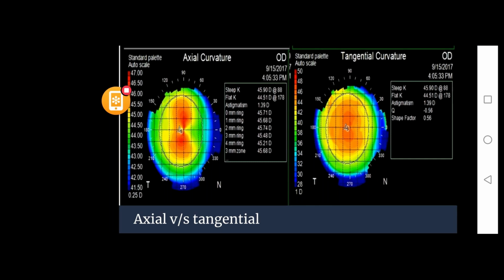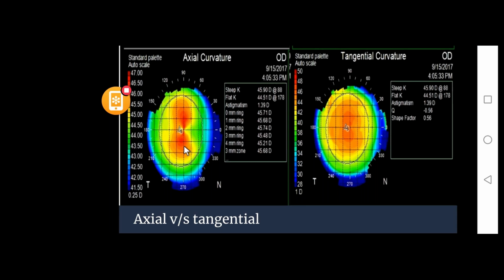So basically, axial curvature map is something like a school teacher. Okay, it does not take into consideration that there could be some local discrepancies. What I mean by that is, suppose over here, this is a very steep region. There are chances on the cornea that this could be a flat region as well.